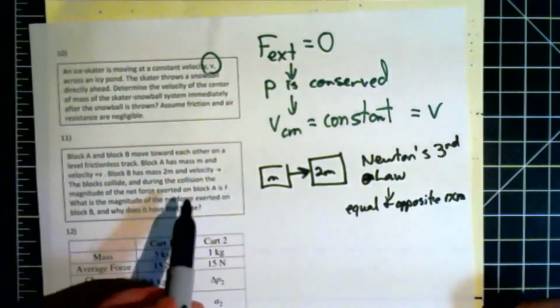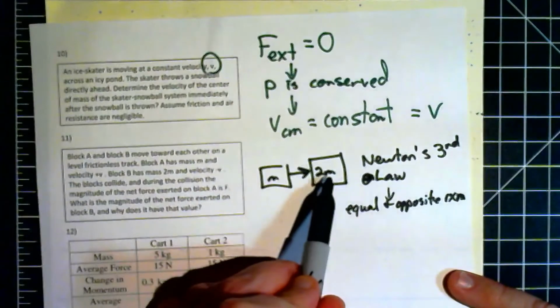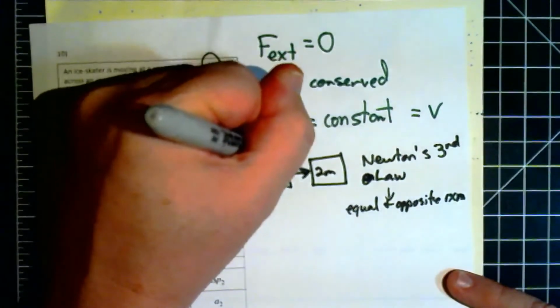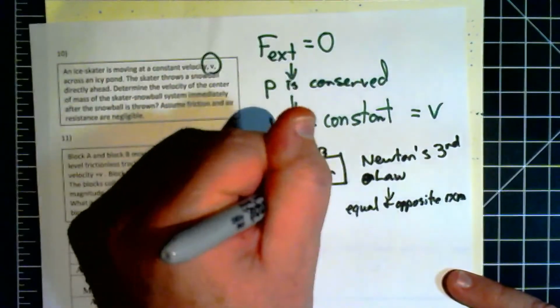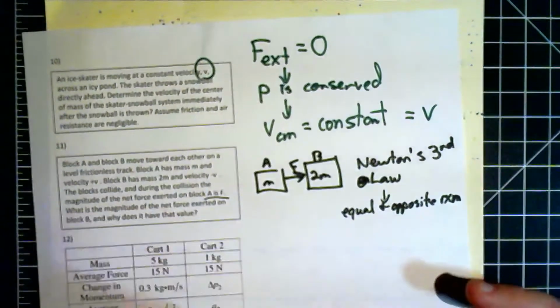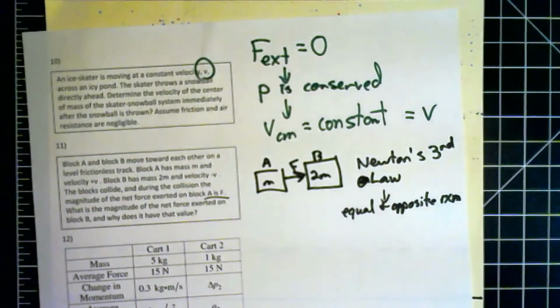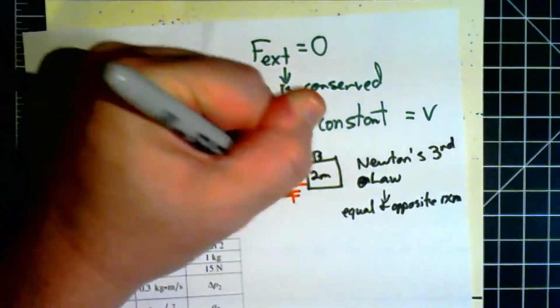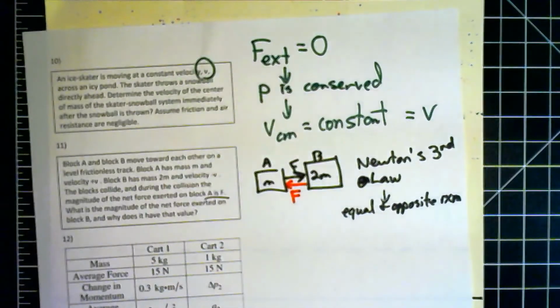Right? So if it says that block A exerts a force of F onto block B, then you can conclude that block B, through this equal and opposite reaction idea, exerts the exact same force onto the other one. There are no two interactions.